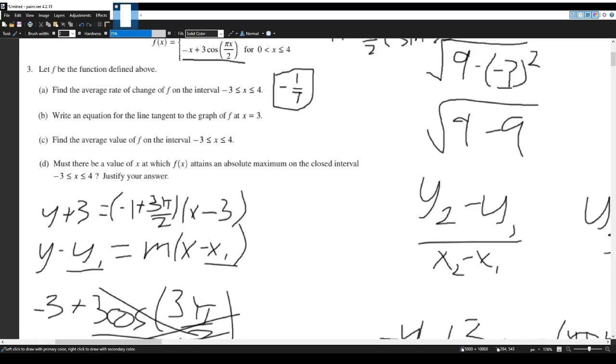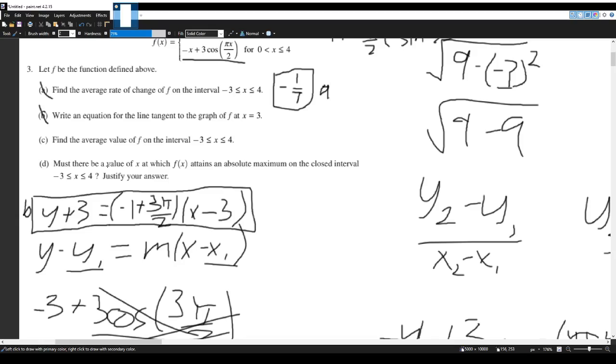Let me just make sure that's right. That is correct, and so is the negative 1/7. Great. So that's A, and that's B. All right, those two are done.